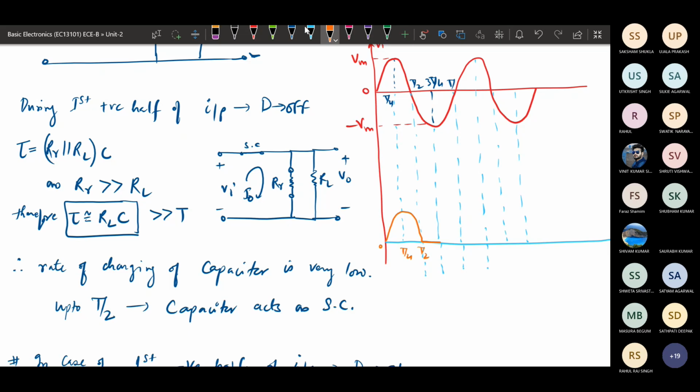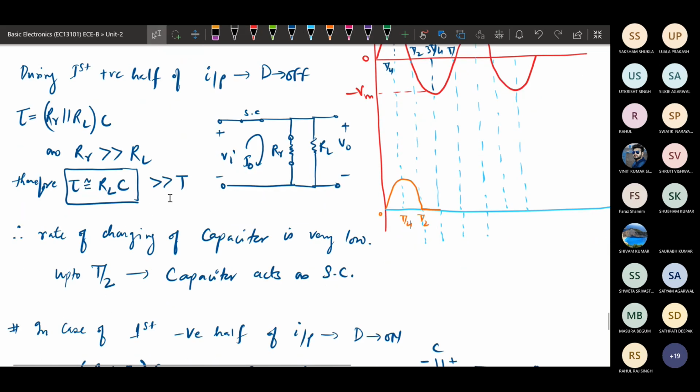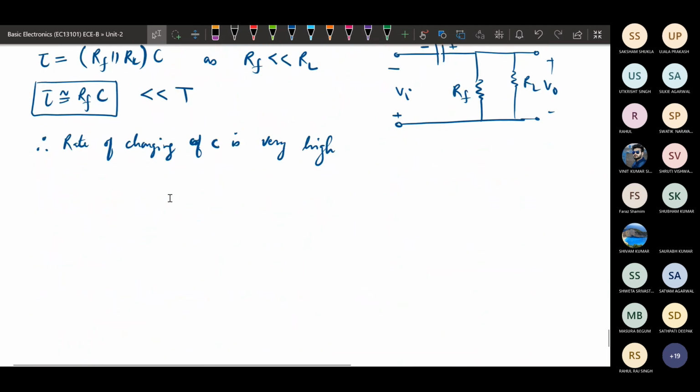Beyond this 3T by 4 time, now we will see the case for t greater than or equal to 3T by 4. Here this is the output voltage, this is positive and negative, and this is negative and this is positive.